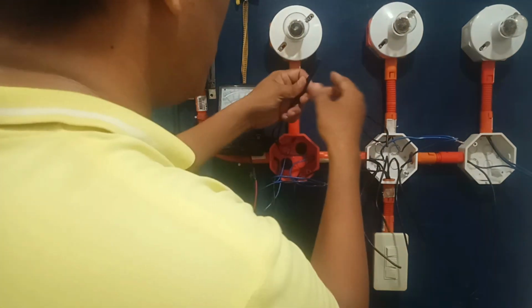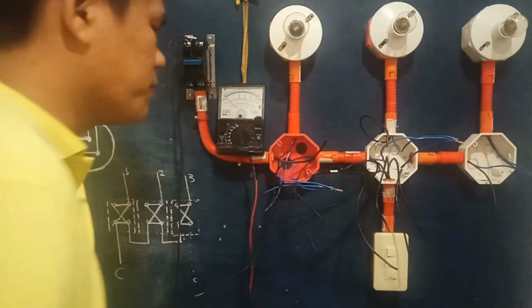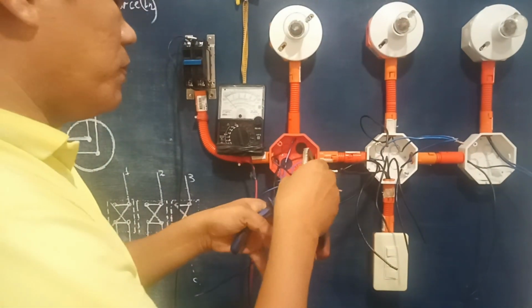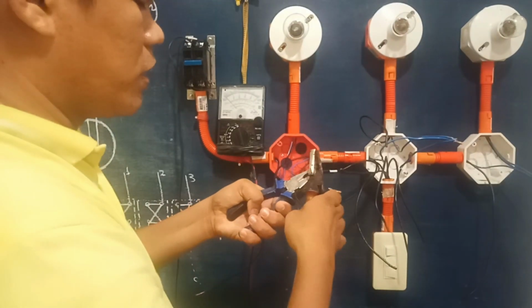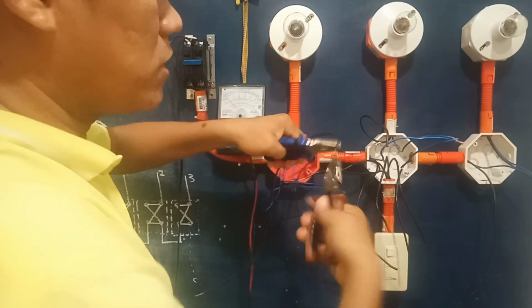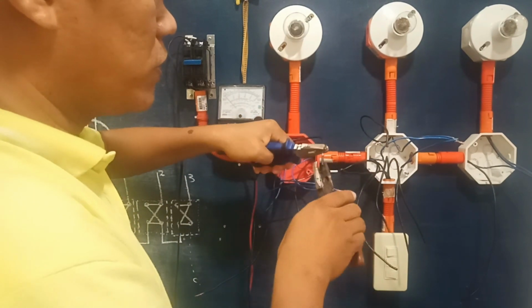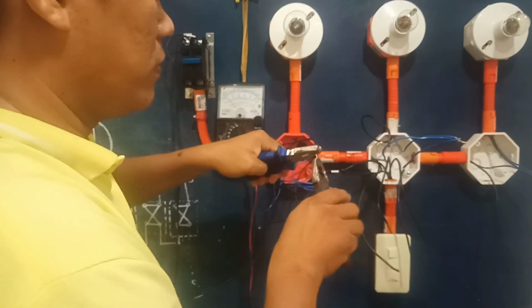So we're gonna do this first right here. Remove first the insulator, of course, again. As you can observe, there is a proper way of removing the insulator. Do not remove all the insulator yet, but you only have to twist it first like this until it is removed, so that you can twist already the wires inside. Alright? So this way.